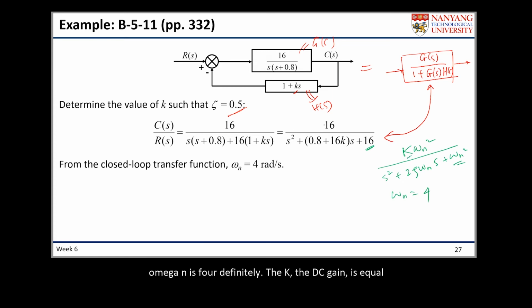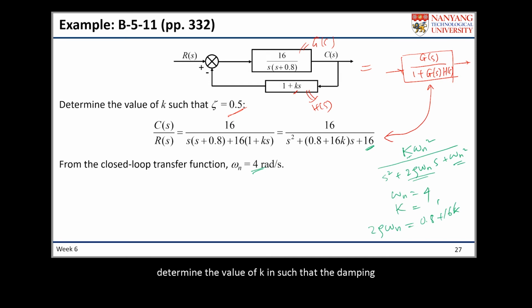The K, the DC gain, is equal to 1, obviously in our case here. And then the 2 zeta omega n is 0.8 plus 16k, the lowercase k. From here we know that the omega n is 4 radian per second.